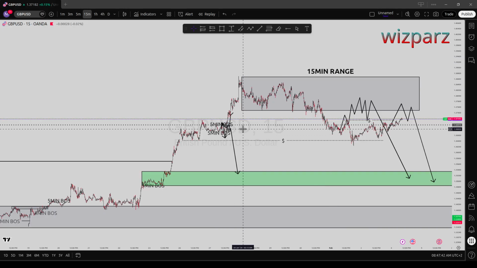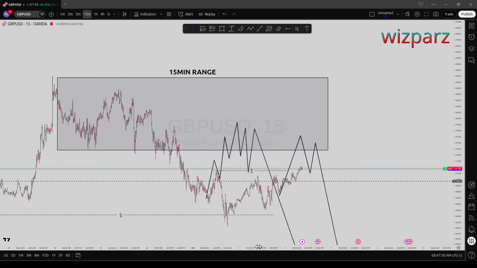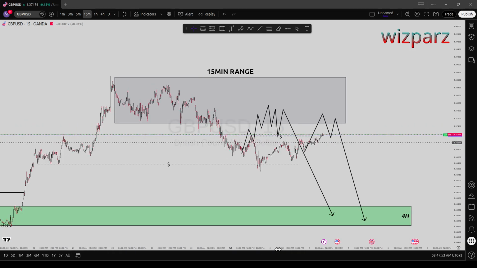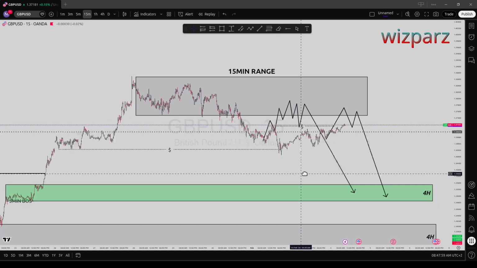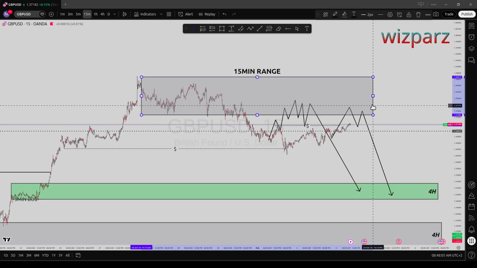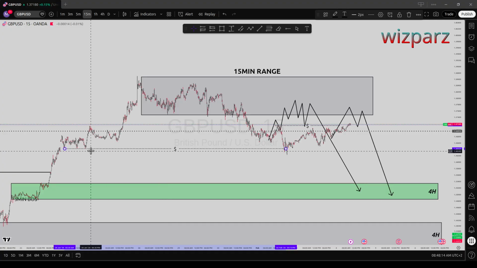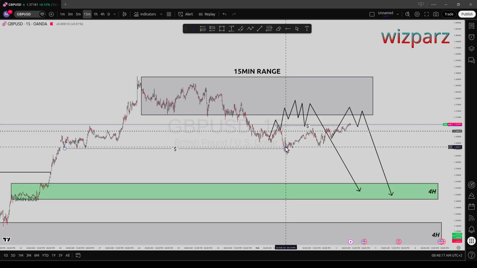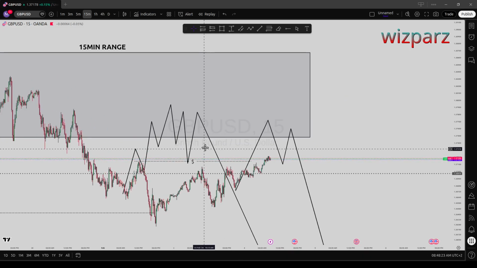Still, from my perspective, I am still favoring GU to continue pushing up higher, but we have to trade this carefully by observing how the price is reacting on this demand or on this zone, because as you can see the price is coming from major liquidation of this liquidity, and after liquidating this liquidity we have seen a 5-minute change of character here.